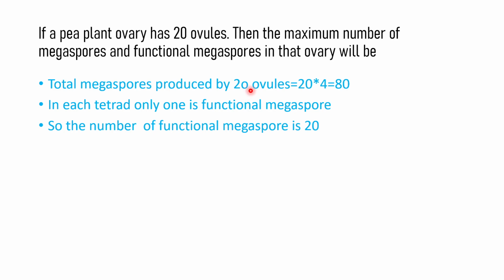Hence, since there are 20 ovules and in each case only one is going to be functional, our answer would be 20. The number of functional megaspores is 20 in the case of this pea plant. And total maximum megaspores will be 80.